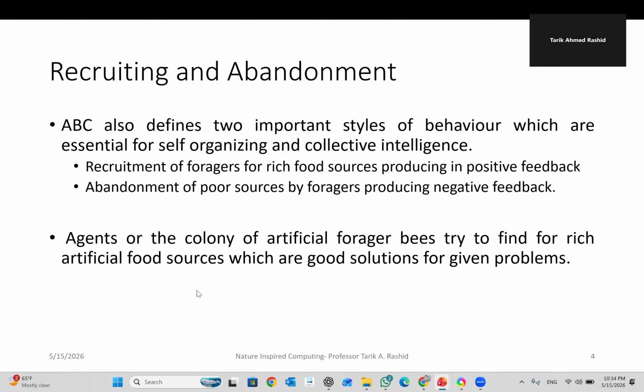The second is abandonment of poor sources by foragers, producing negative feedback. Agents or solutions of the colony of artificial forager bees try to find richer artificial sources, which are good solutions for given problems.